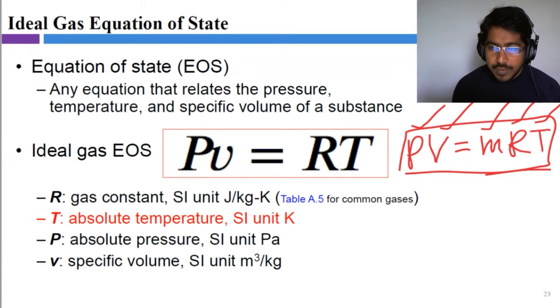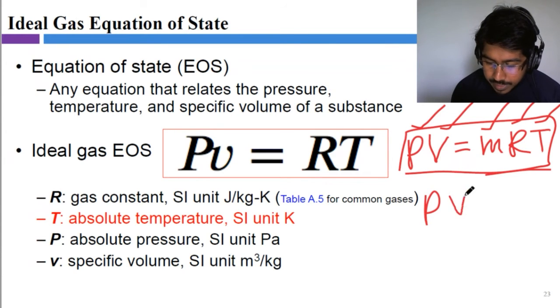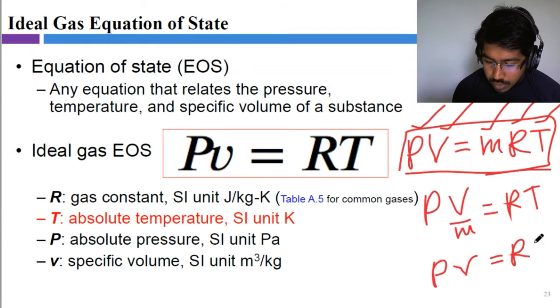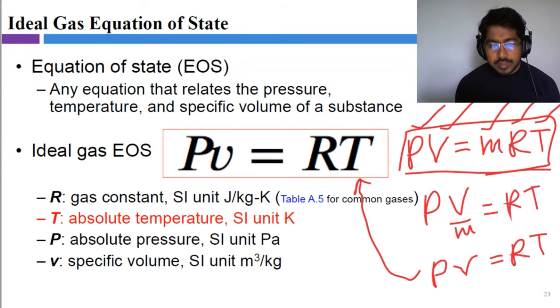If we divide both sides of this equation by m, then PV over m equals RT, and essentially we can say that P times specific volume is equal to RT. So this is the one that you see up here, right? Pressure times specific volume is equal to gas constant times temperature.